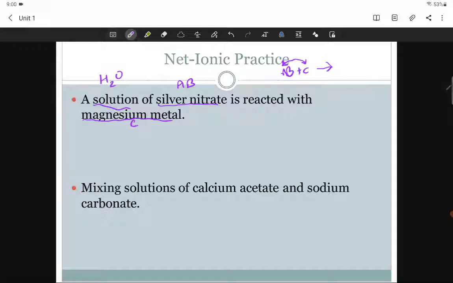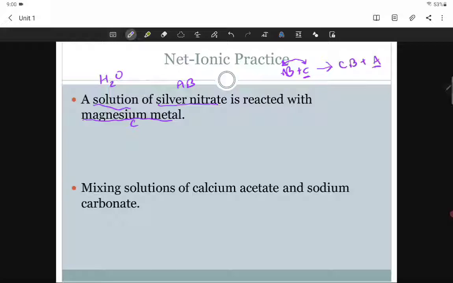Why those two things? Because C is the metal, the magnesium metal. It's going to replace the metal ion. So the C is going to go where the A was, and the A is going to go where the C was. So when you're done, you're going to have CB plus A. The metal becomes an ion, and the ion becomes a metal.